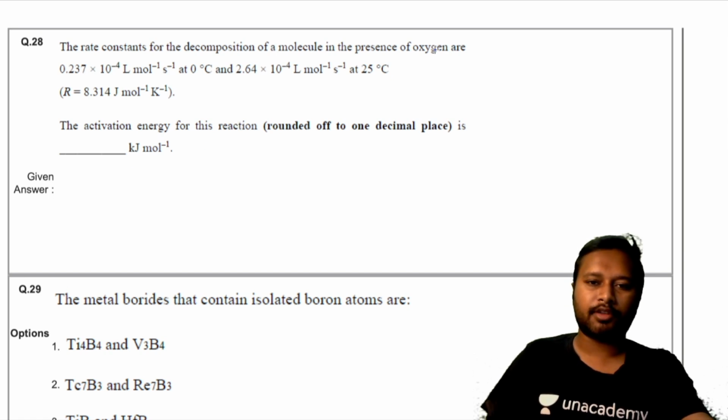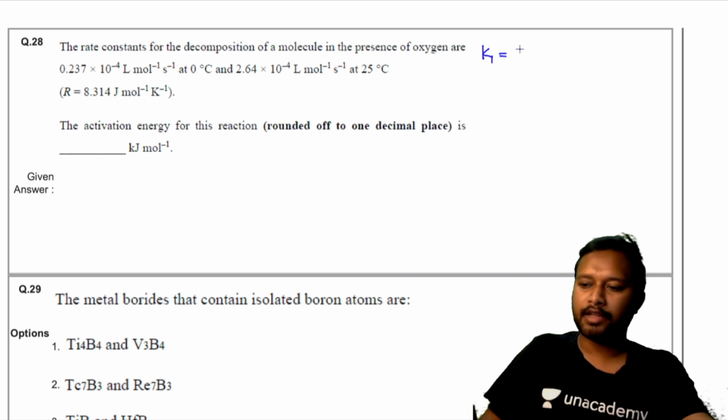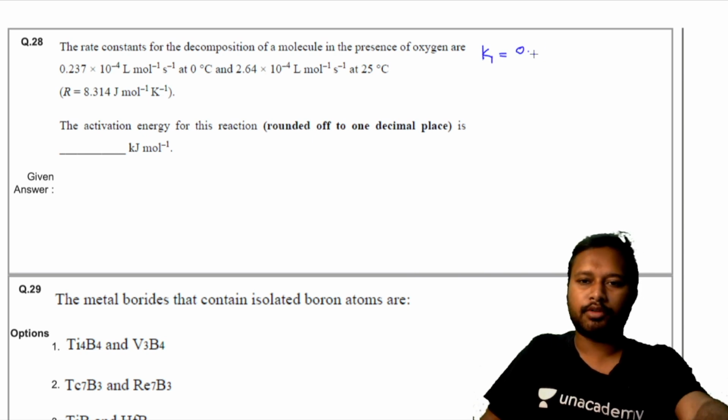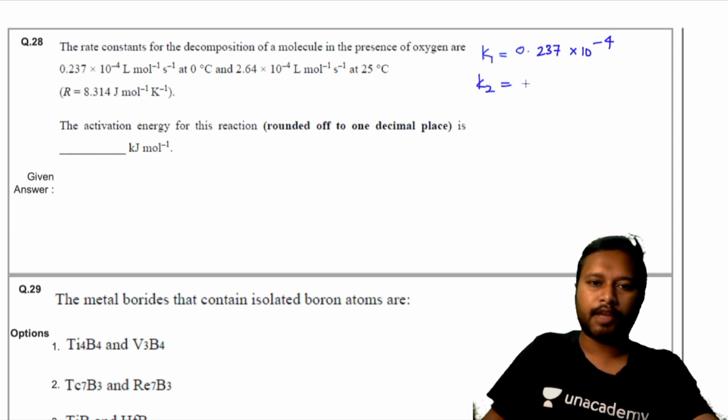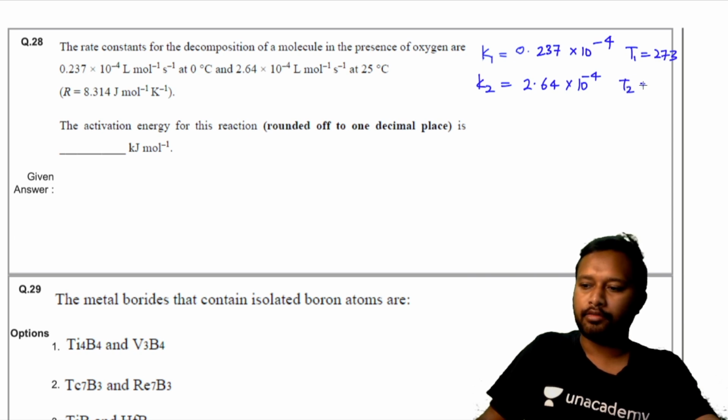So you are given K1, that is 0.237 into 10 to the power minus 4, and K2, that is 2.64 into 10 to the power minus 4, and the temperatures are also given: T1 is 273 Kelvin and T2 is 298 Kelvin.